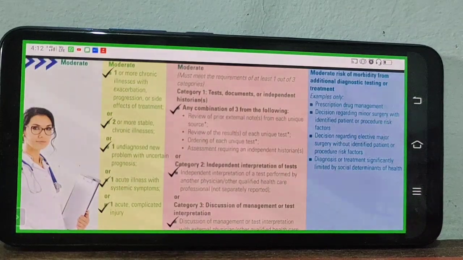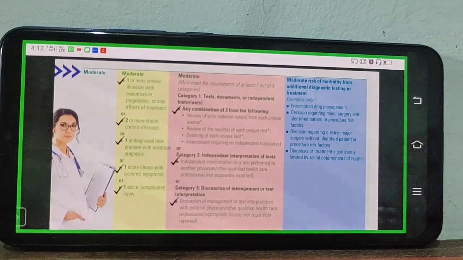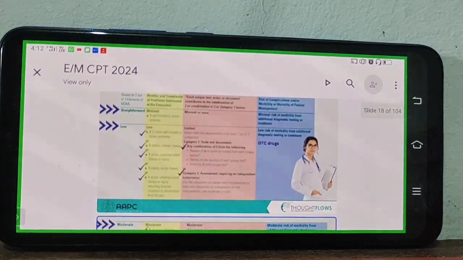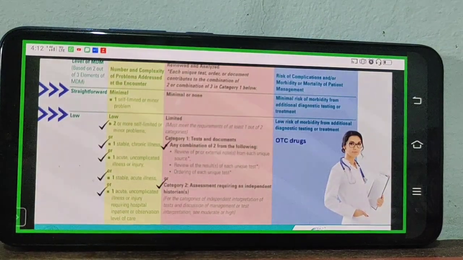Point number 1: 1 or more chronic illnesses with exacerbation. In low MDM we also have one chronic illness, but the condition is stable, meaning the condition is controlled.